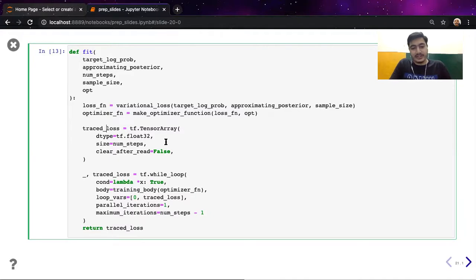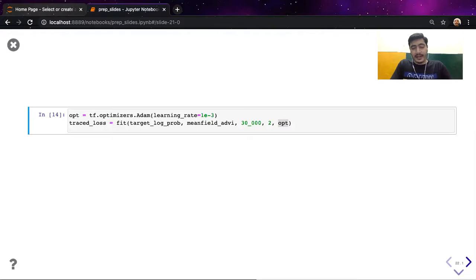And we are interested in computing the loss or approximating algorithm for that many number of steps which we pass in. So just a while loop to make sure we repeatedly call the optimization function and take the gradients and optimize the ELBO.